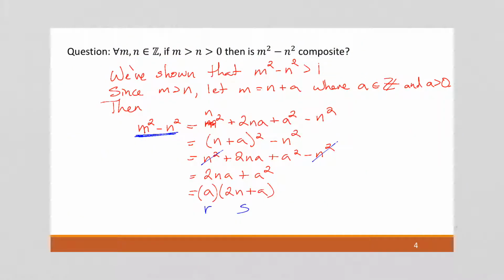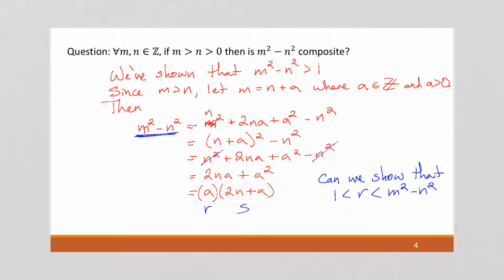So let's take a look. Let's look at R. Can we show that R is between 1 and m squared minus n squared? No, we can't.